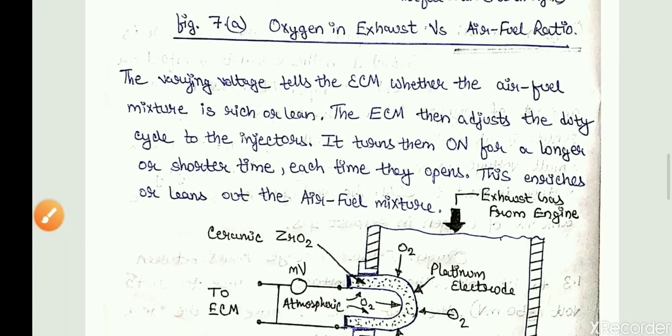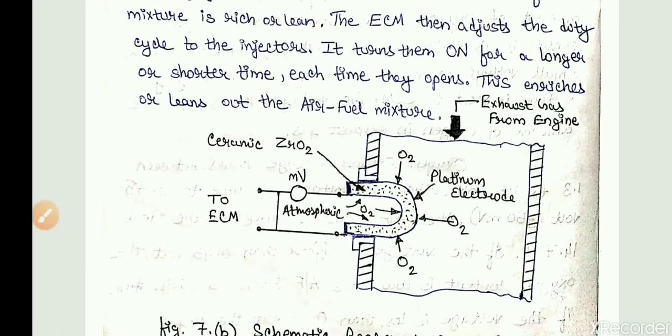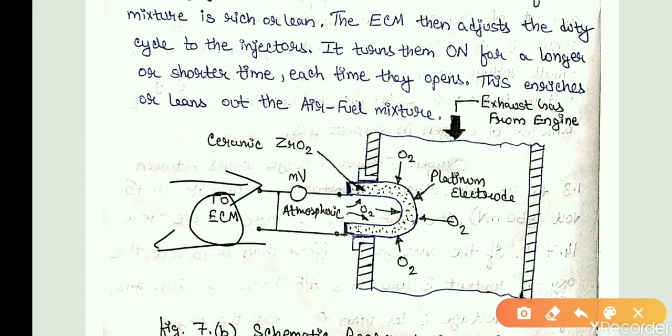Now see the block diagram of an oxygen sensor. You see these feedbacks, one input and the other output, are sent to the ECM, the engine control module. There is atmospheric oxygen coming from the atmosphere, and this gas is coming from the exhaust, that is, after the combustion process. See this ceramic, ZrO2, zirconium dioxide, which is used.